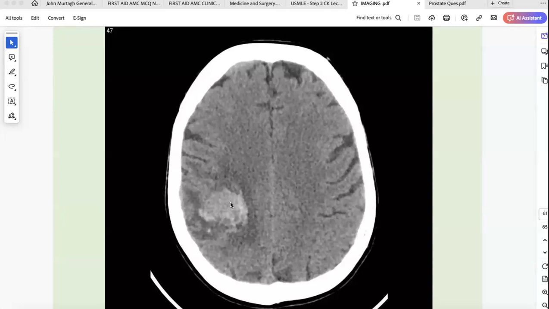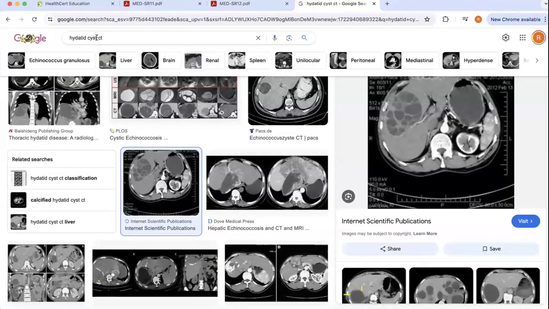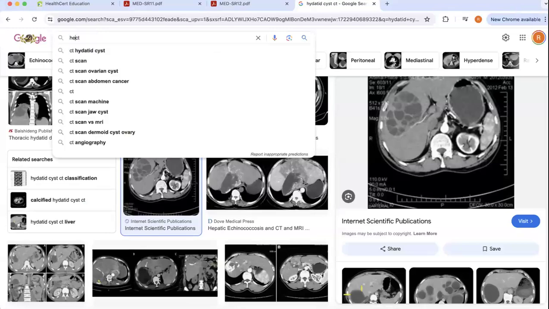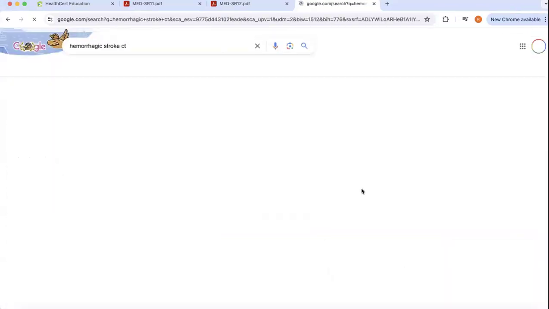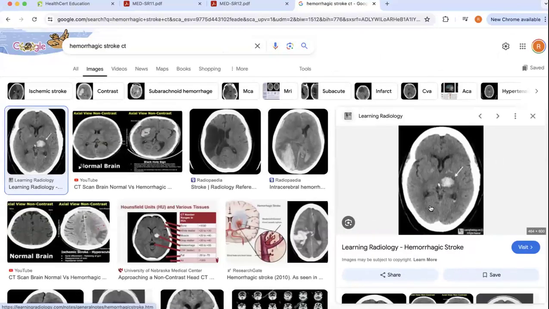Because you can get this kind of whitish thing in a hemorrhagic stroke, such as this. Hemorrhagic stroke means there is blood in the intracranial region. So if you see here, that's what we would get in an intracerebral or intracranial hemorrhage or hemorrhagic stroke patient.